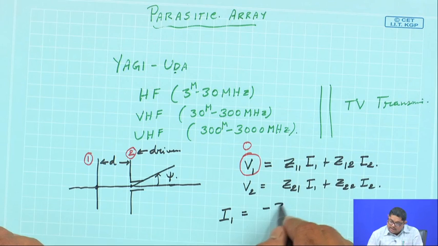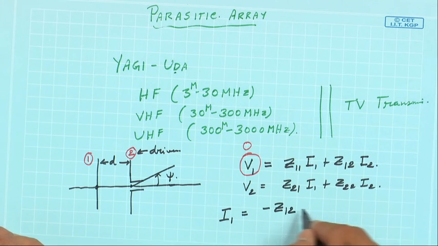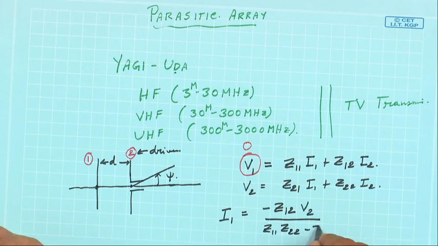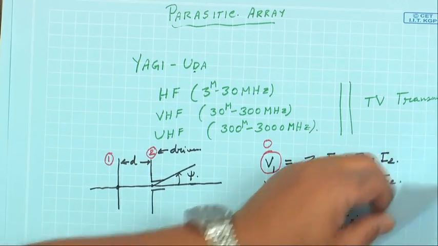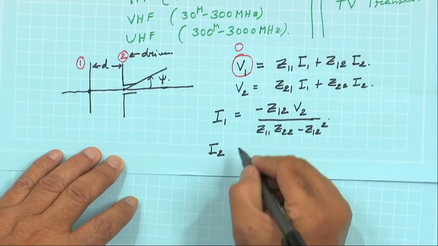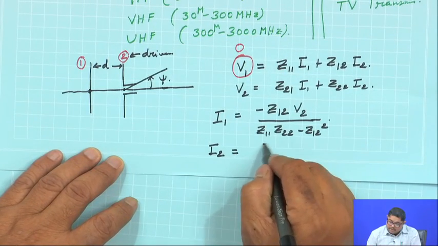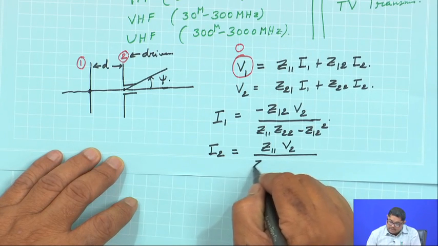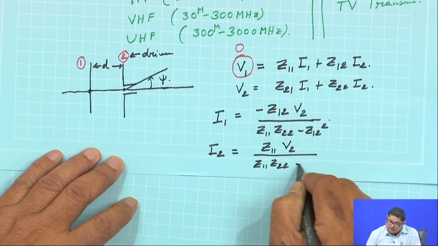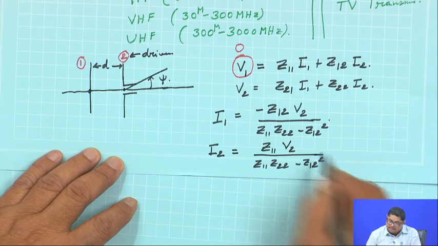I 1 will be minus Z 12 V 2 by Z 11 Z 22 minus Z 12 square, and I 2 is equal to Z 11 V 2 by Z 11 Z 22 minus Z 12 square. Okay.